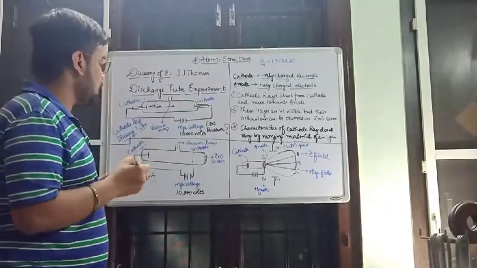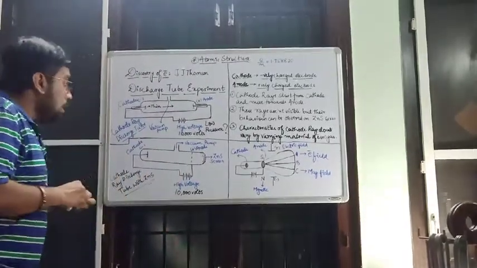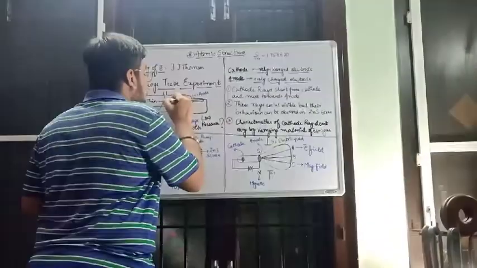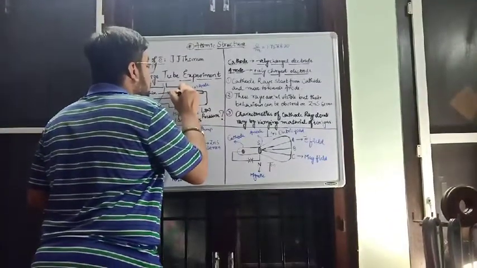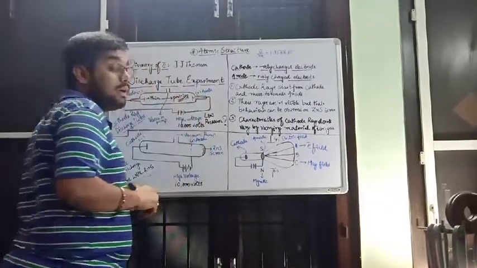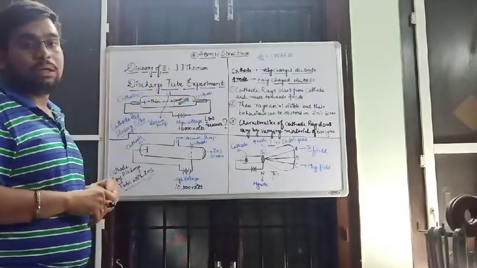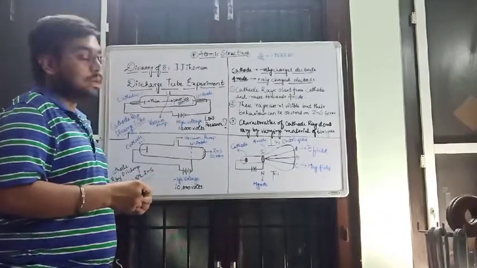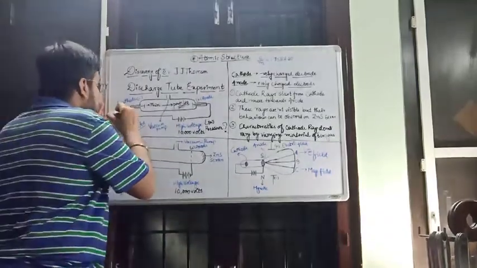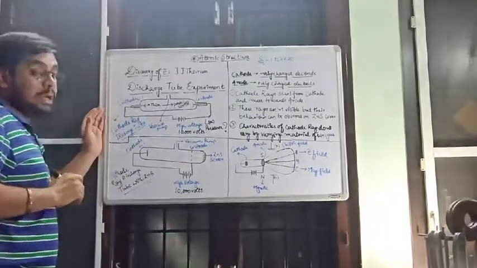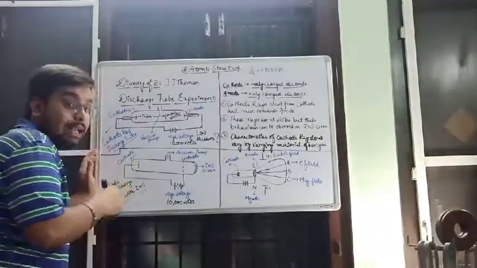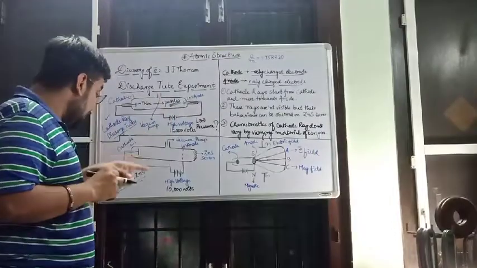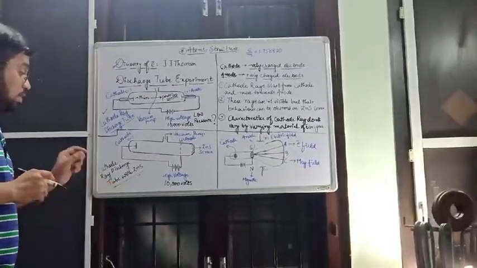In this process, he noticed that there were some particles moving. How did he notice? This was a simple cathode discharge tube, but after he got a doubt that there are some particles moving, he moved on to the other discharge tube.